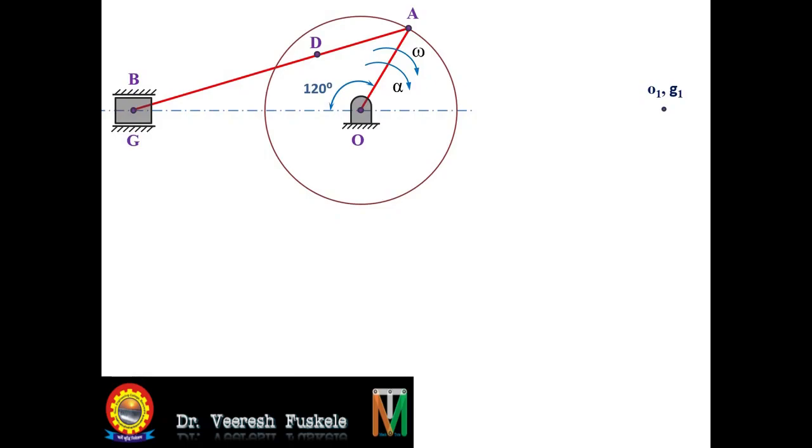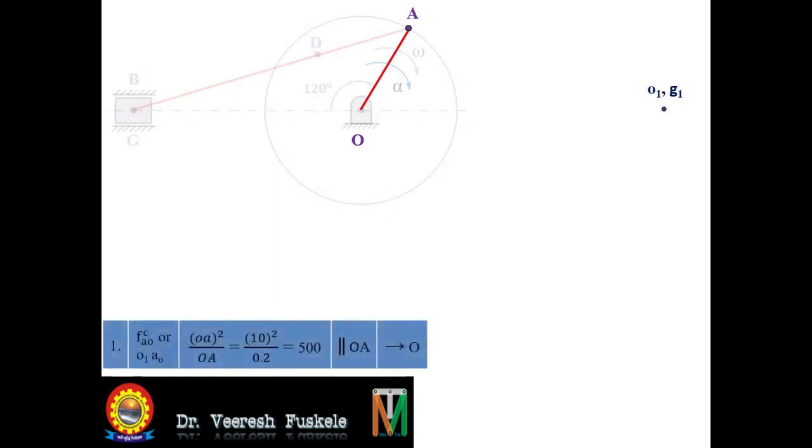So we start with drawing the acceleration vector of link OA. As we know the point O1, we have already calculated the value of FCAO, the centripetal component of A relative to O, which will be represented by the O1 A0 vector. The value is 500 meter per second square.